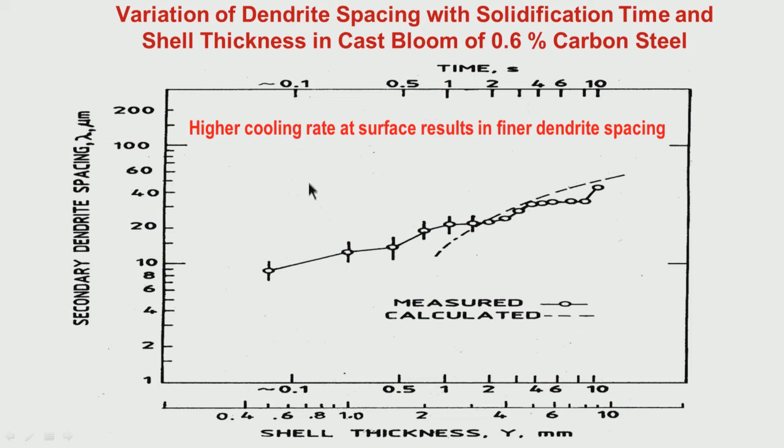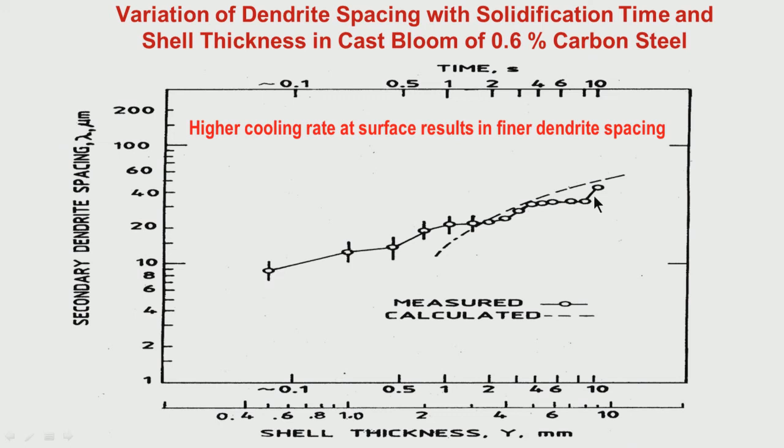I have told you that at the start of solidification heat transfer is relatively high. Heat transfer is high means what is going to happen? The dendrites which are forming are of a particular size. That means the surface has relatively finer dendrites.